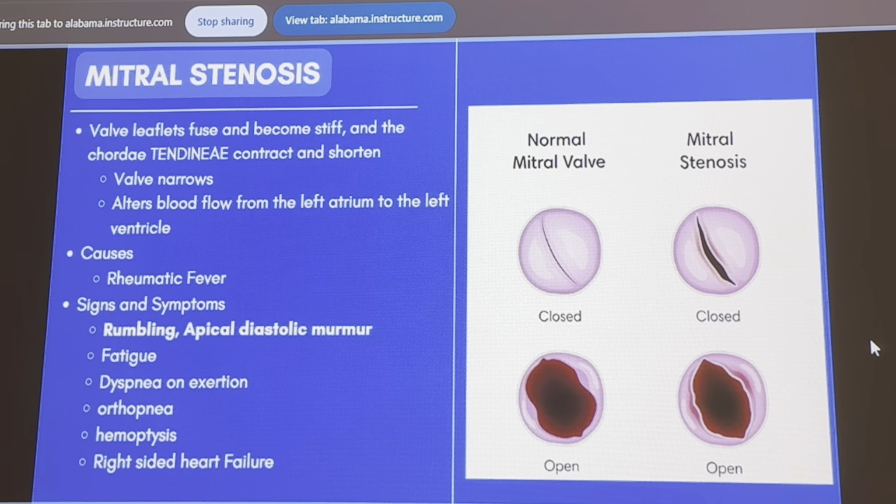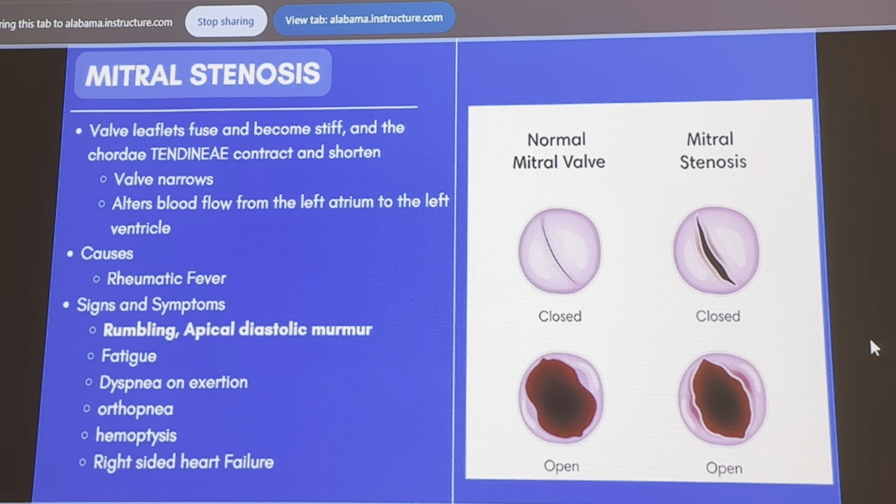No, right? So what is my left atrium going to do? It's going to back up a little bit, right? But I have that excess volume in there, so that left atrium's got to do something to account for that extra volume. It's going to stretch a little bit, right? It's going to dilate because it's having to deal with that excess volume.